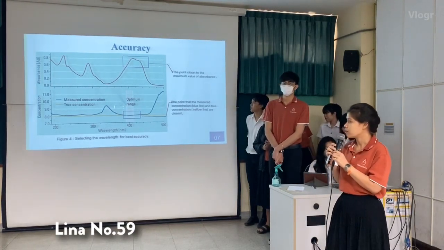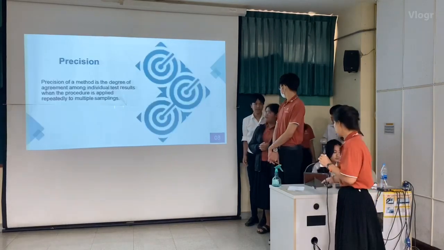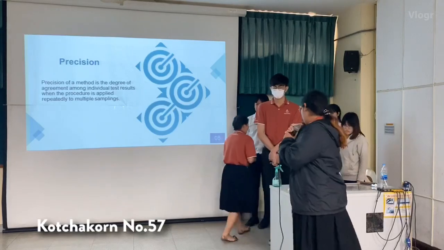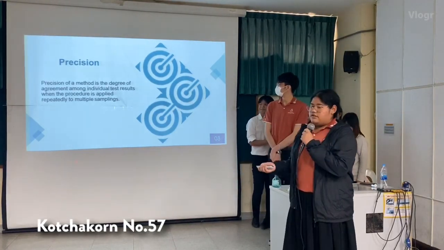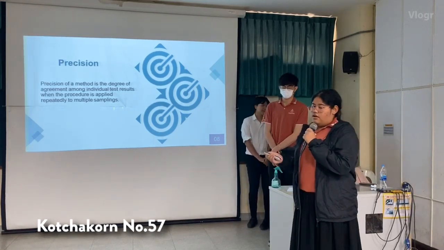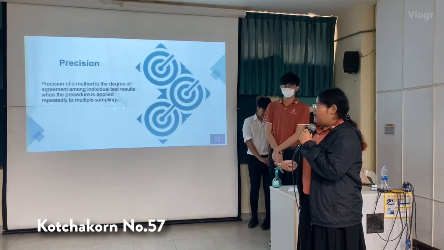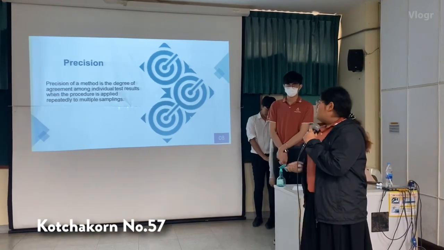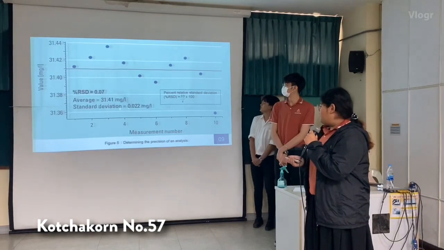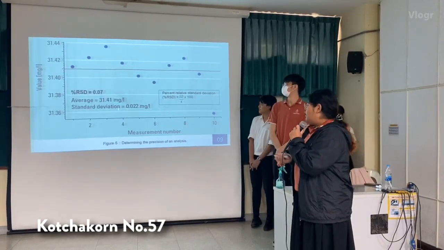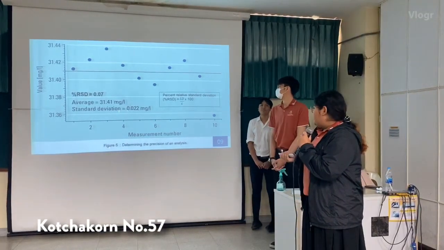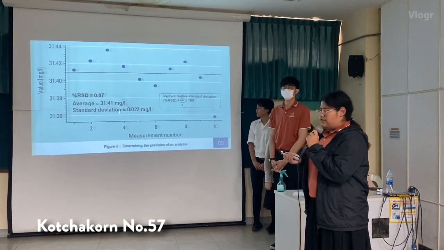Let's move to precision. Precision is the spectrophotometer specification about the test results with a repeated process used with the sample. The graph shows an example of measurement results and standard deviation, which can be obtained from 10 samples of the same concentration.